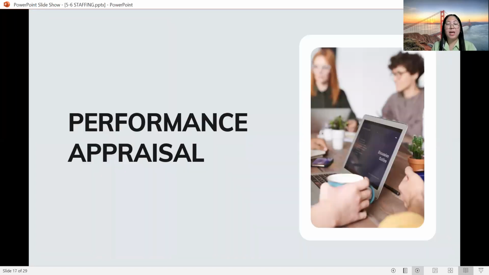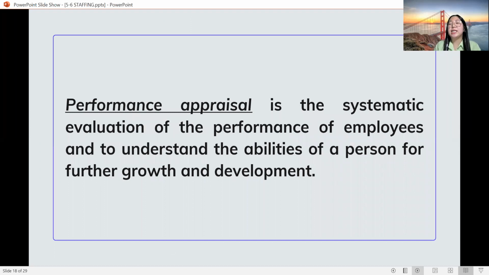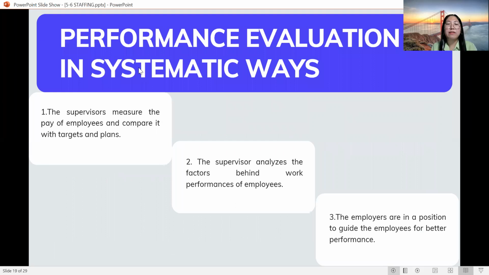So performance appraisal is the systematic evaluation of the performance of our employees and to understand the abilities of a person for further growth and development. So performance evaluation and systematic ways have three, which yung number one natin is the supervisors measure the pay of employees and compare it with targets and plans.